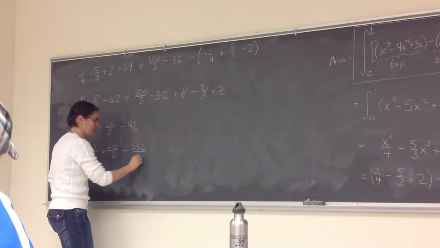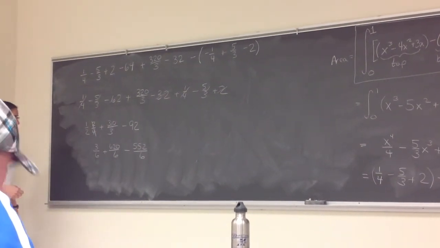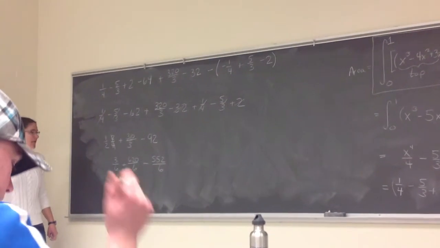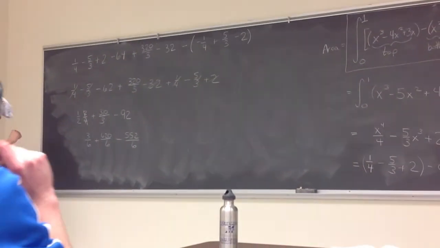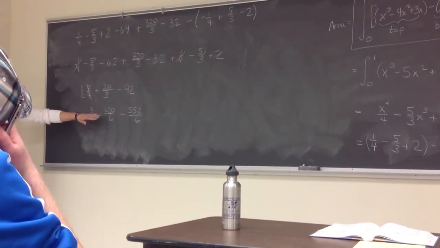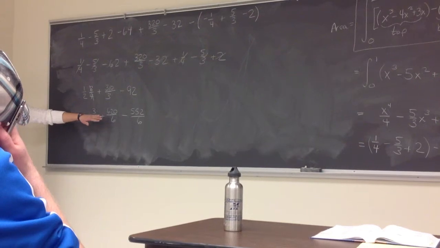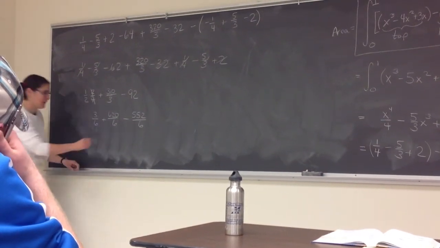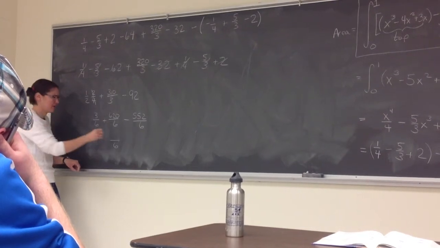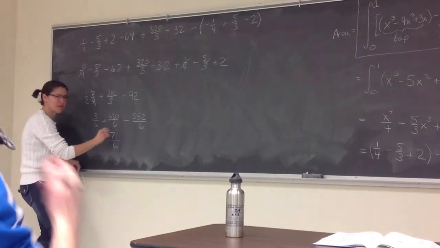Yes. Great, 552 over 6. Okay, we're almost done. We almost have all the arithmetic done. So, somebody help me with 3 plus 620 minus 552. 71. It's going to be 71 over 6. Do I have a second on the 71? Second.